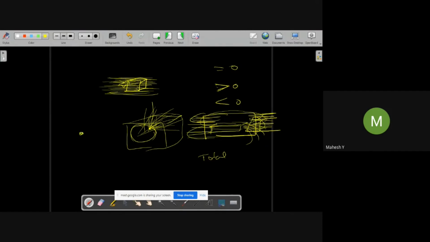But for a point charge, normally the flux will always be moving outward. So if I'm considering a box including the charge, what will be the divergence? Positive, negative, or zero?